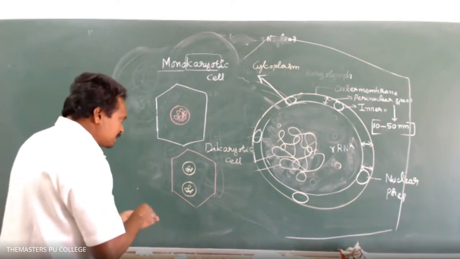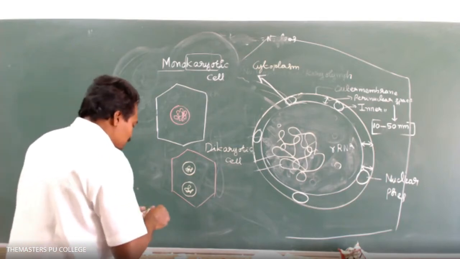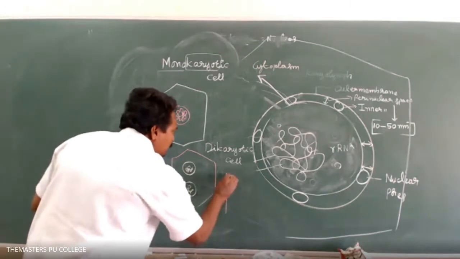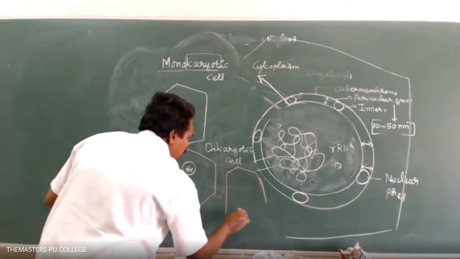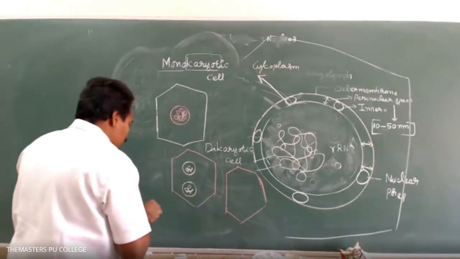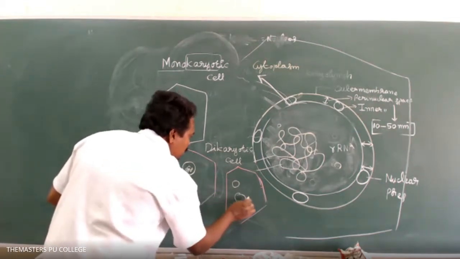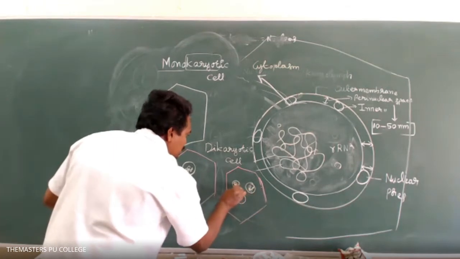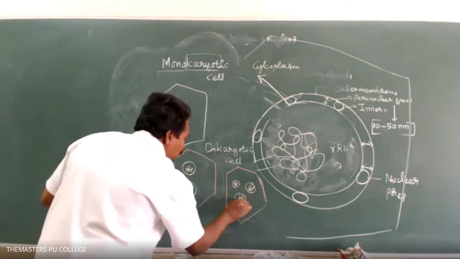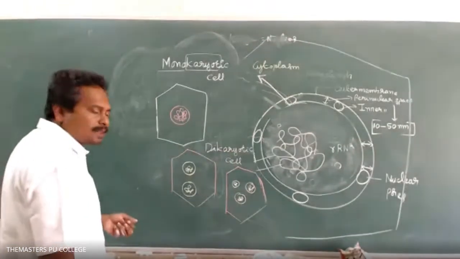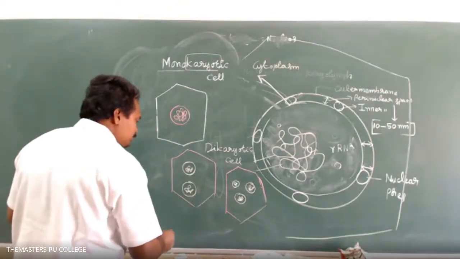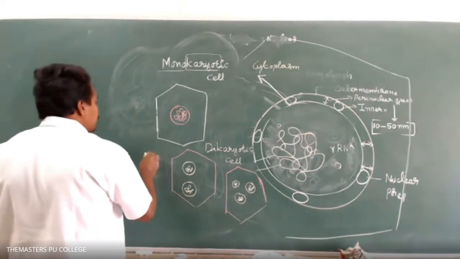In some of the cells, more than two nuclei are present. So more than two nuclei present in a cell, such a cell is called a multikaryotic cell.